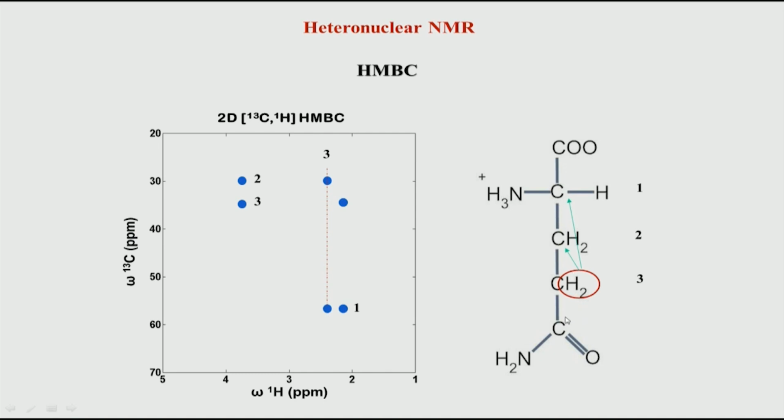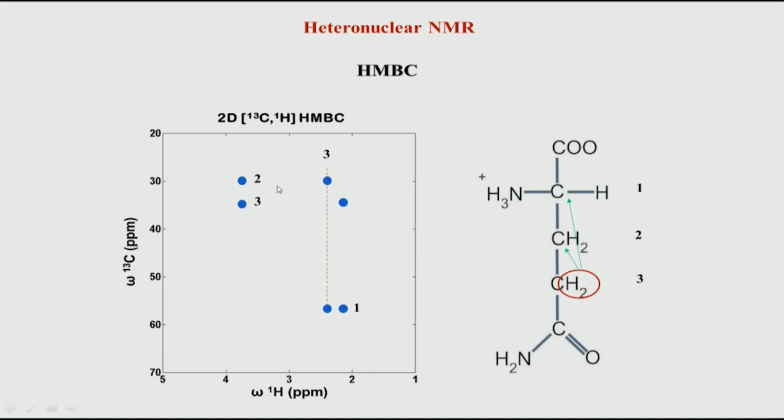We will also be able to see a correlation between proton number 3 and this carbonyl, but this is very far away. This is much closer, but as the spectrum is only plotted from 20 to 70, that peak which comes at 170 is not shown.